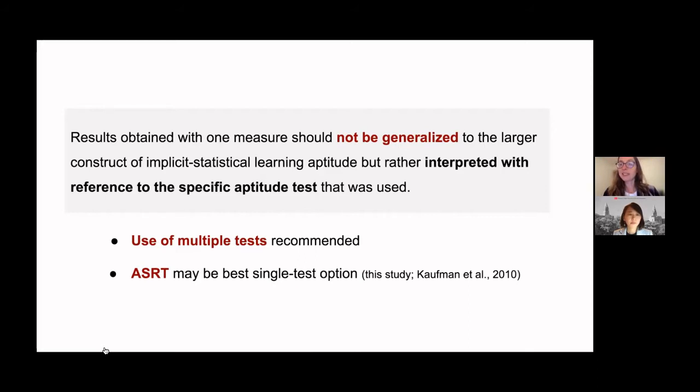So for instance, with regard to the alternating serial reaction time task in the present study. For a more comprehensive picture, the use of multiple tests is certainly recommended. And if this is not possible due to time constraints or financial constraints, the ASRT may in fact be the best single test option that is out there for us researchers.